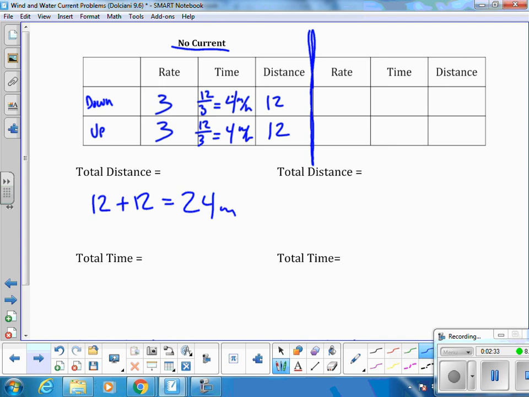Our total time here is 4 plus our 4. Those labels are incorrect. Those are actually going to be hours. And so that brings us down here to time, which is 4 plus the 4, giving us our 8 hours.